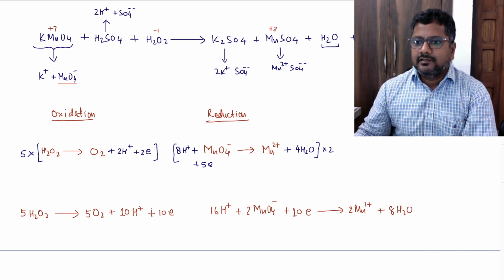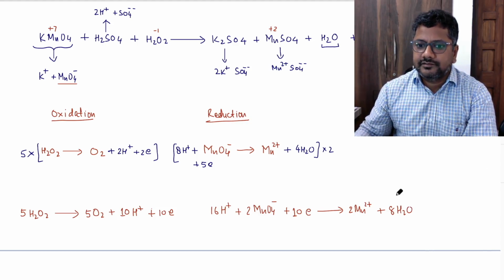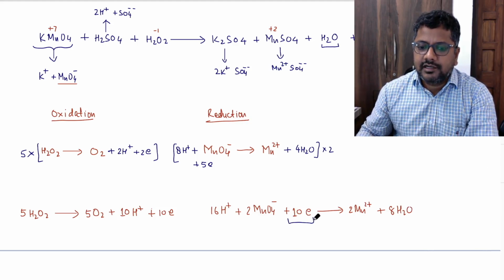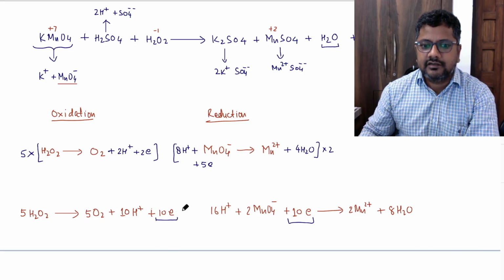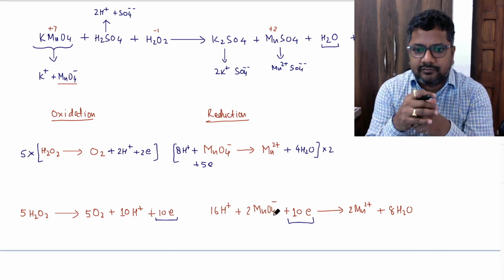Now see, the reduction gains 10 electrons and the oxidation loses 10 electrons. Now the electrons are balanced.